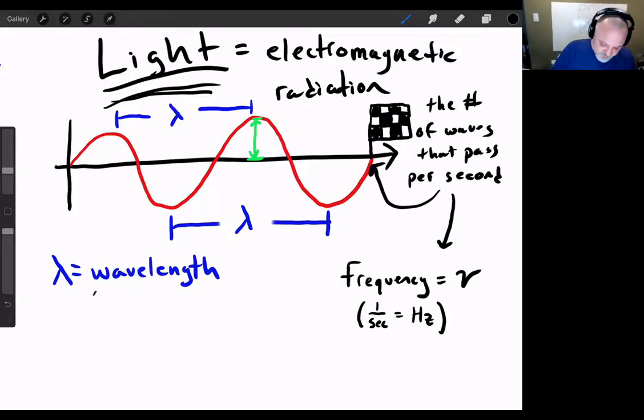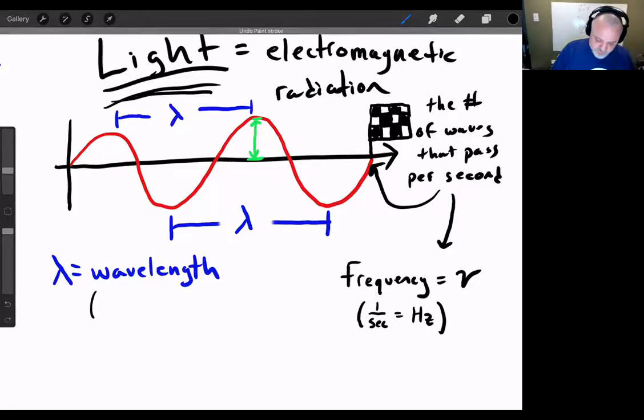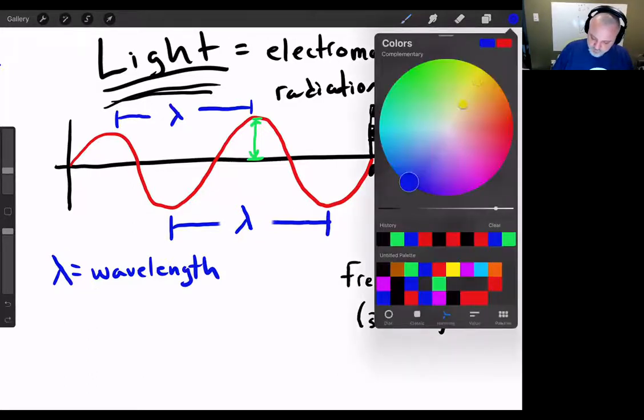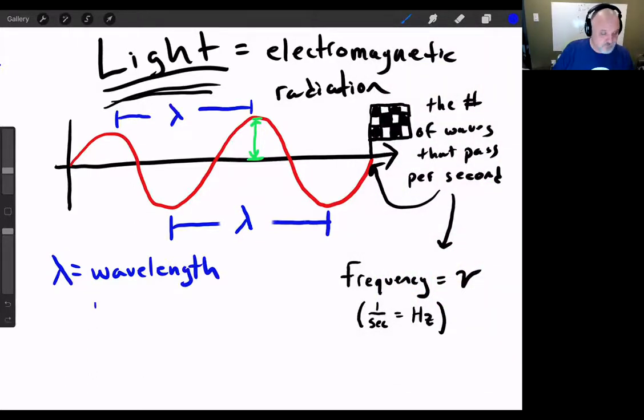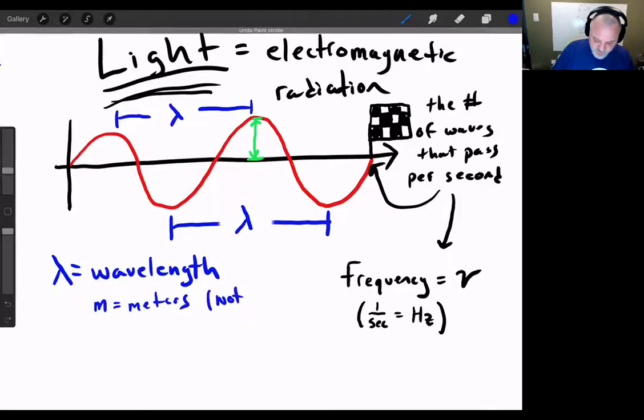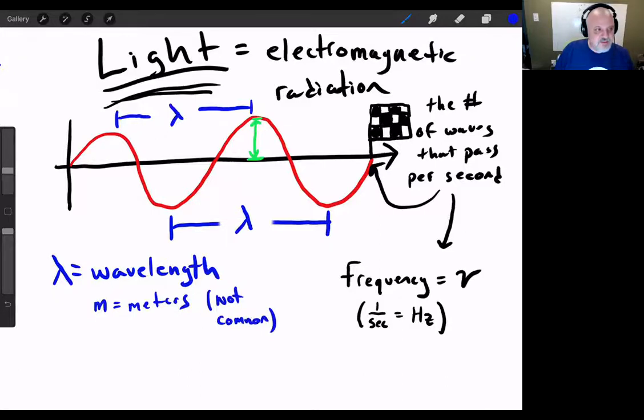Well, what's the wavelength given in? What unit is that? Meters is not common. It's not a common way to express it, but it is a length.